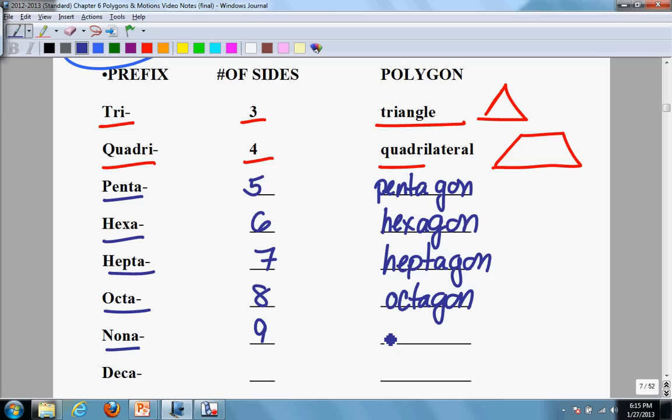Nona is a nine-sided shape, so that would be a nonagon. Deca is a 10-sided shape, and that would be a decagon. So polygon is like saying I drive a car, whereas hexagon is being more specific. It's saying I drive a Viper or a Saturn or something like that, something specific. So we're going to be talking about some specific properties about polygons today.